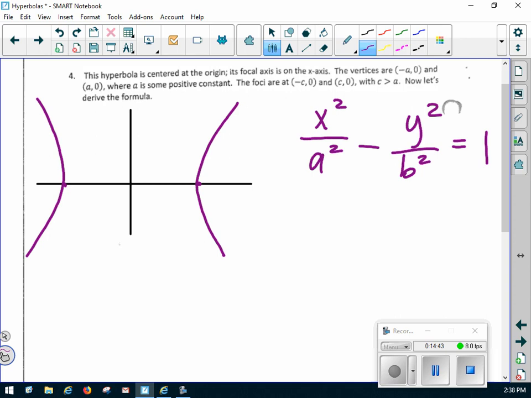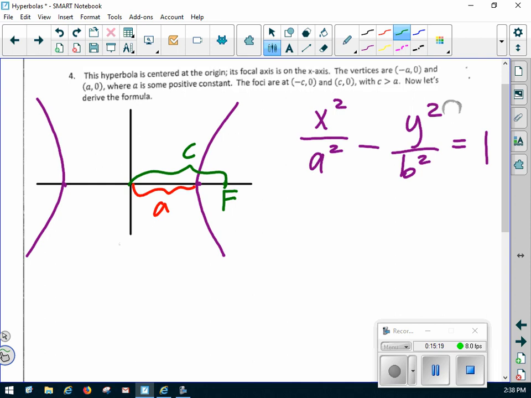Now remember, A is the distance from where to where? Not a focus. Center to a vertex. Center to a vertex is A. There's a focus. Distance from the center to a focus is C. Let's work through some.